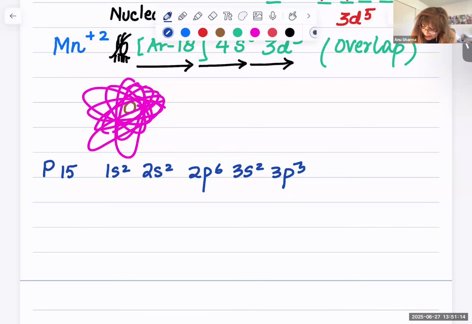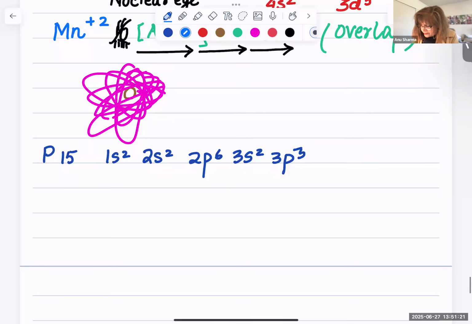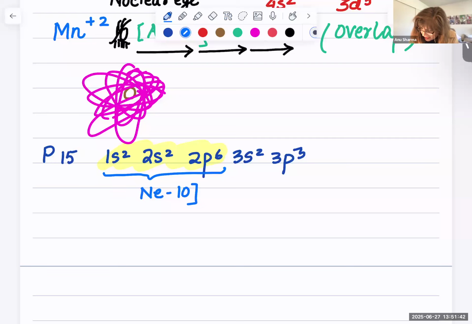It is in the third period, p block, third column, with 3 electrons in the p orbitals. Here the inner core is neon, which is 10. And then we have 3s2 and 3p3.